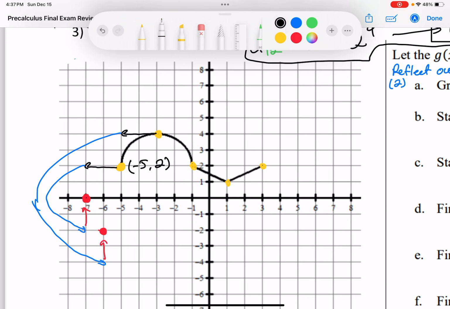Let's do the same thing with the next point. Move this point 2 units to the left, reflect that point across the x-axis. And then after that, we're going to move that point up 2 units. And it's going to land right here. I want to make sure I'm doing this correctly.